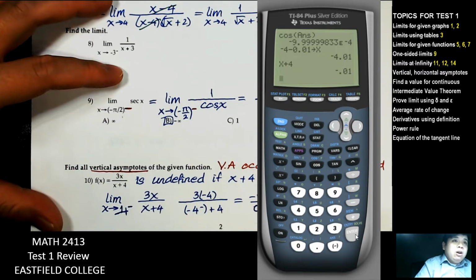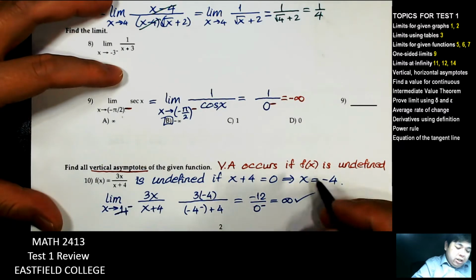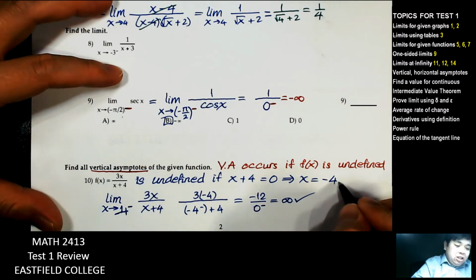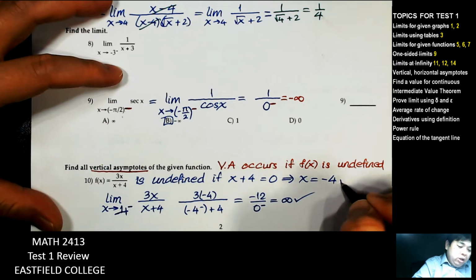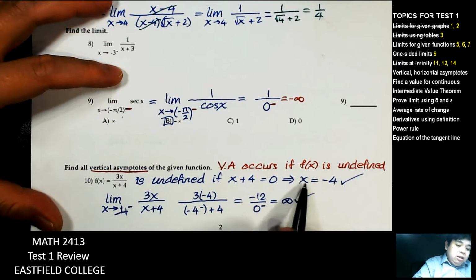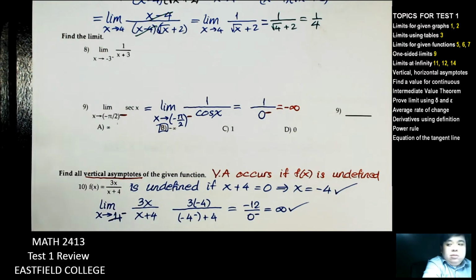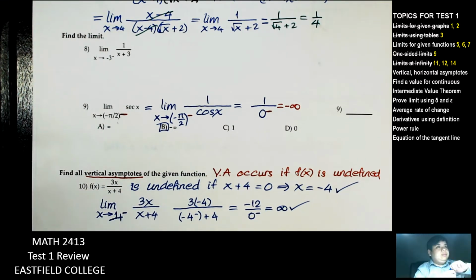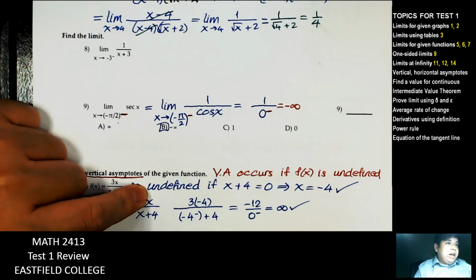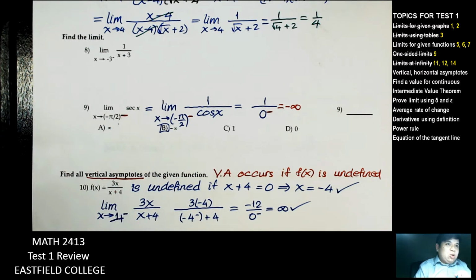And that's where the function is undefined, at x equal to -4. So we have those two things. The function is undefined, and then the limit from one side must exist and equal positive or negative infinity. First we find the gap, that is where the vertical asymptote could exist.